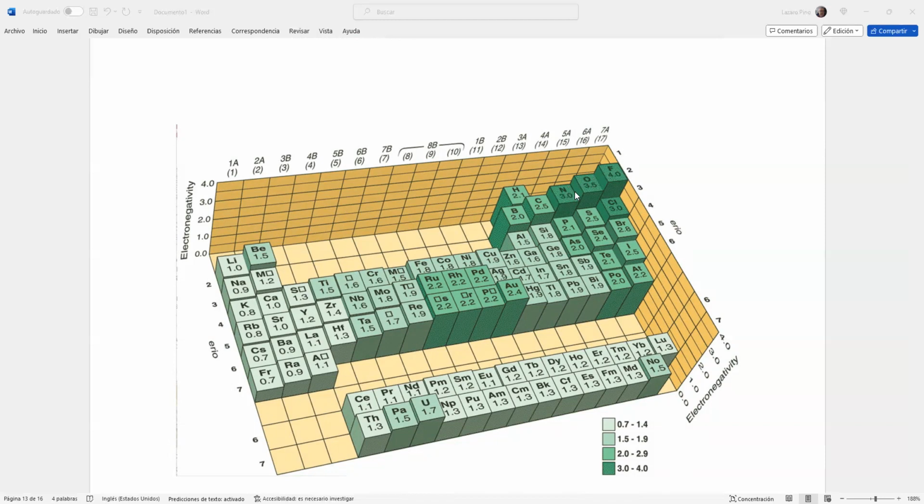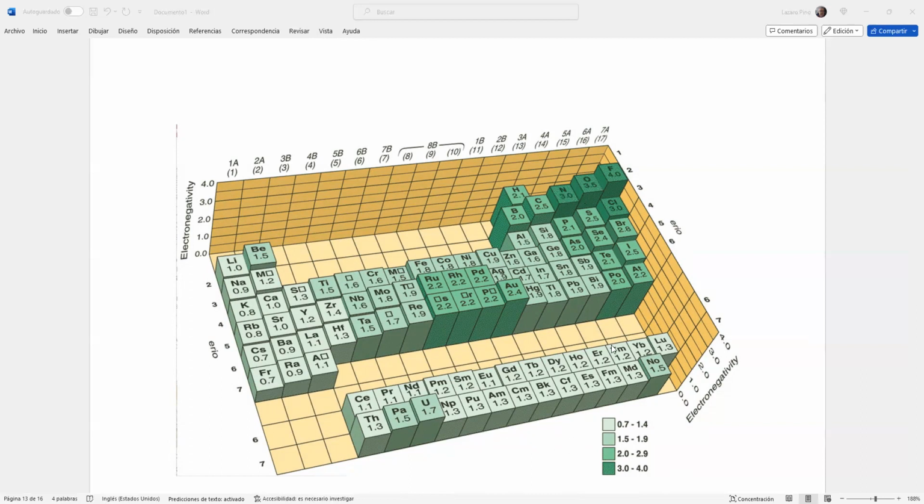These three atoms are the only ones that can make hydrogen bonds when they are bonded to hydrogen. As you can see, francium is the least electronegative element, with an electronegativity of 0.7.